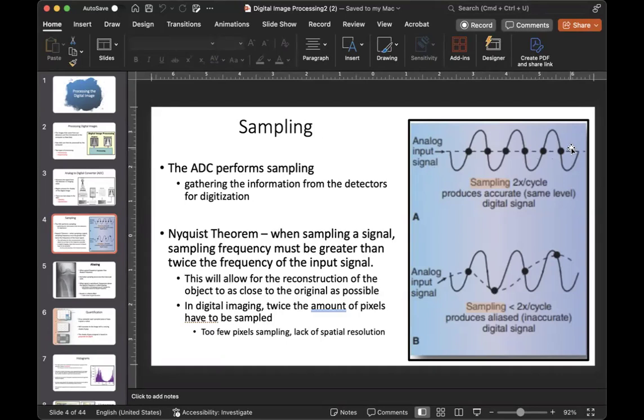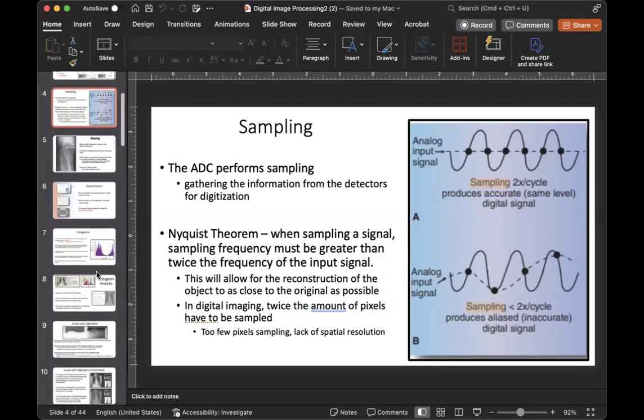So it's sampled twice. Now, when we go here, look at this waveform, okay? Sampled once. This waveform, sampled once. And so we're not getting the adequate sampling that we need. And so that can, again, cause our spatial resolution to be degraded.